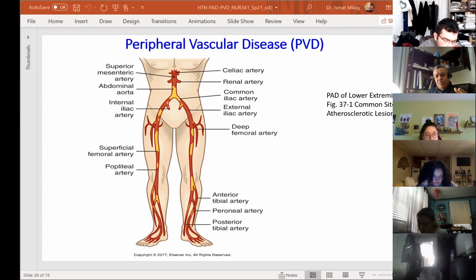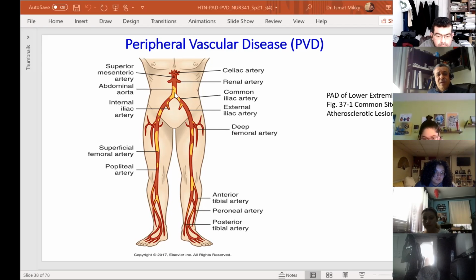The most common blood vessels to be affected by the PAD, peripheral artery disease. This slide shows the most common anatomic locations of atherosclerotic lesions, shown in the yellow color, as you see here.